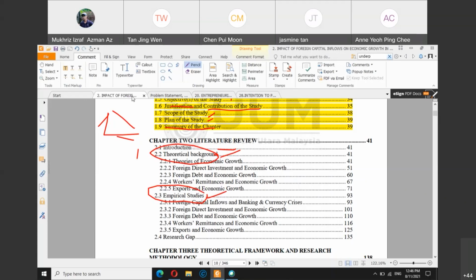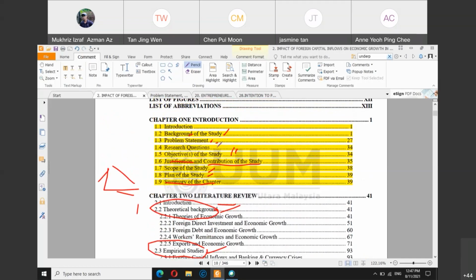So for this particular topic on FDI, you can see that the student put 2.3.1 about articles that are connected to foreign capital inflow and banking currency crisis. Whatever the student decides to discuss is related to the questions or issues that the student wants to investigate.